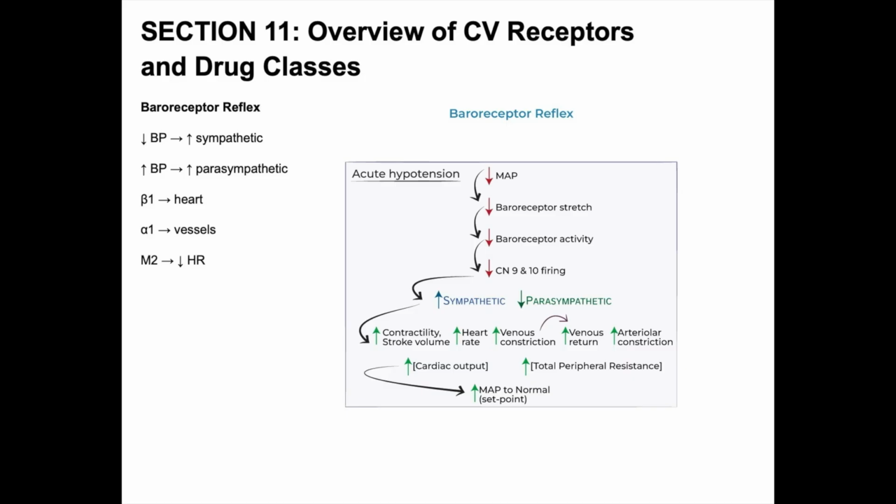You're also going to be using alpha-1 receptors, which will cause that vasoconstriction. Okay, so vasoconstriction increases preload for your heart. So cardiac output increases, total peripheral resistance increases, mean arterial pressure will return toward normal. So if blood pressure rises, the opposite happens. This reflex explains reflex tachycardia with vasodilators like nitroglycerin.